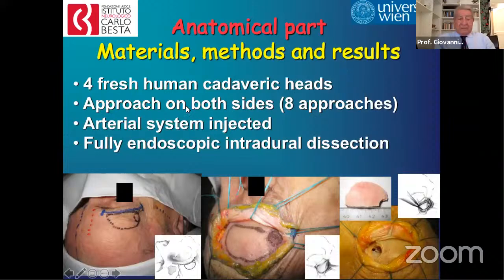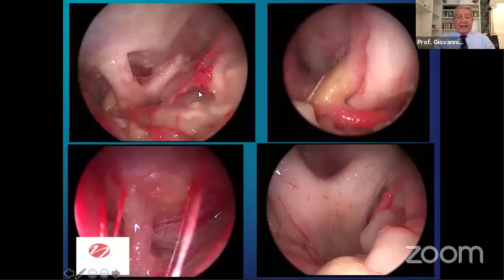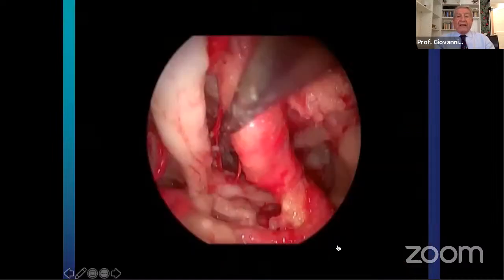We did a kind of interesting study with the fresh cadaver in Vienna with Manfred Tatagiba. You see here the opening, and that is what you can see. And one more important thing, you see here that the lamina terminalis is the limit.